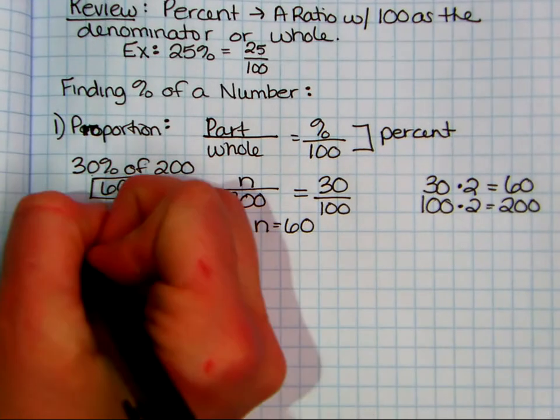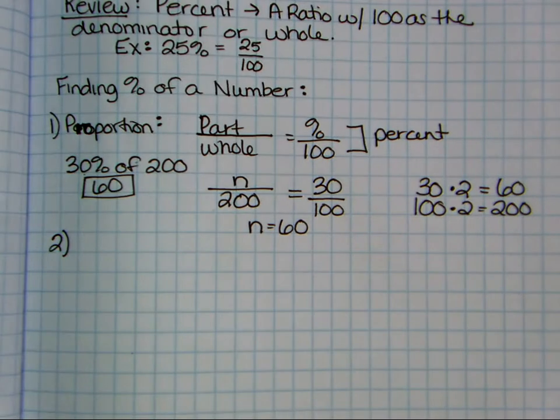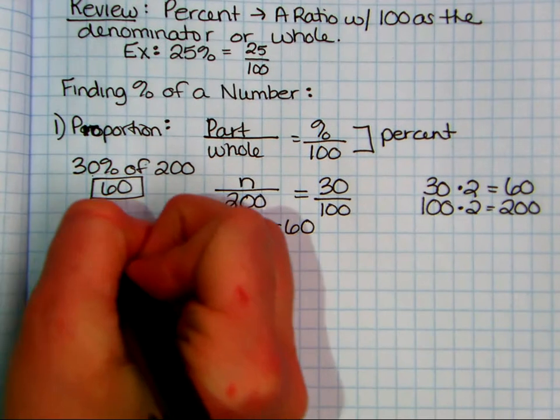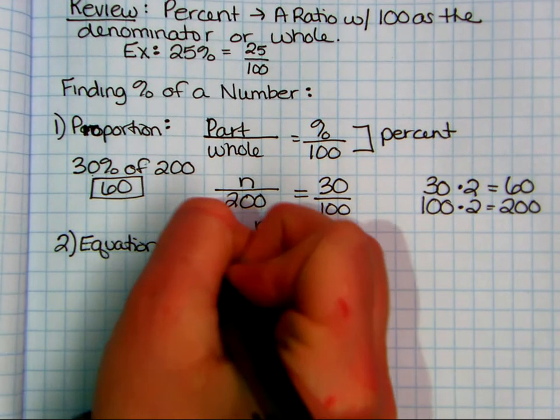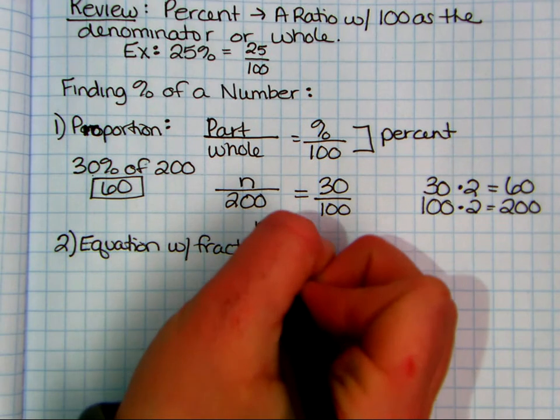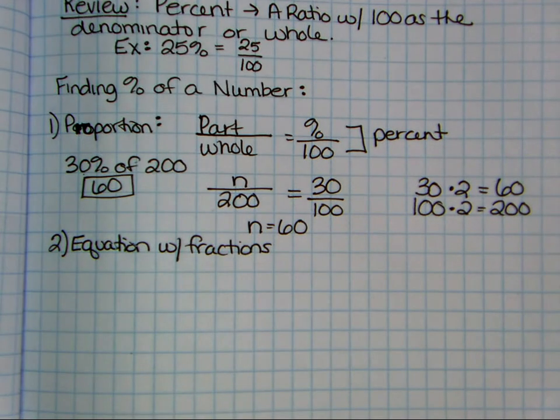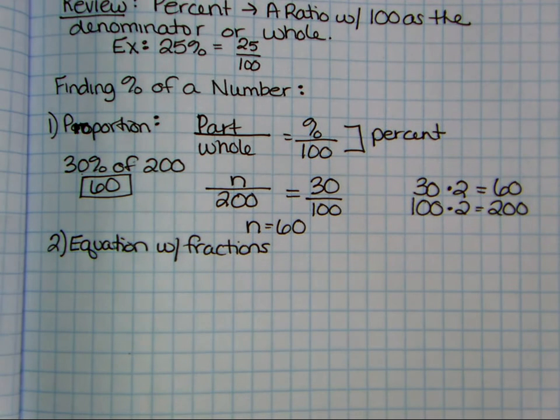The second way we can solve it is through creating an equation with a fraction. Equation using fractions. So I'm going to use our same problem that we just did.